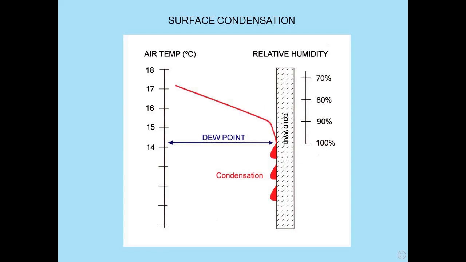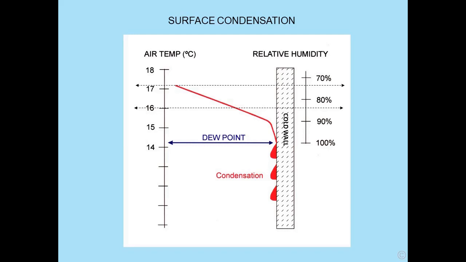So we'll start off a little way away from the wall, literally millimetres. We've got an air temperature of 17 degrees, and this gives us, under these conditions, a relative humidity of about 74%. But as that air slowly gets really close and starts to come into contact with the wall, it's being cold. The wall's cold. The air temperature very close to the wall is now 16 degrees. The RH is now increased to 84% thereabouts.